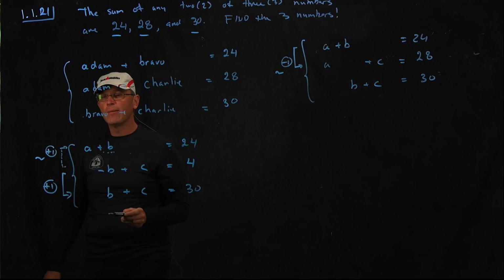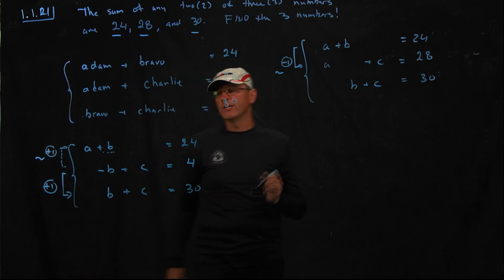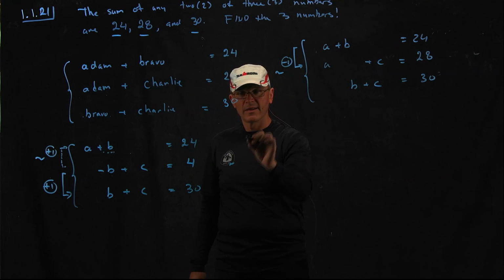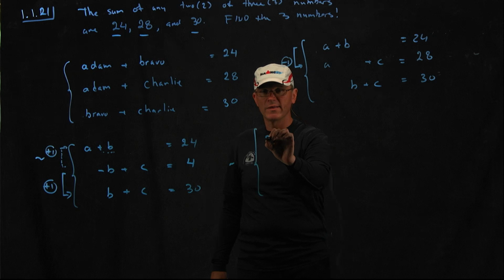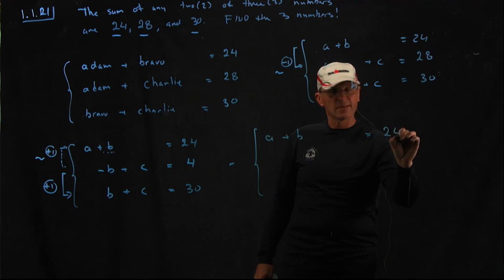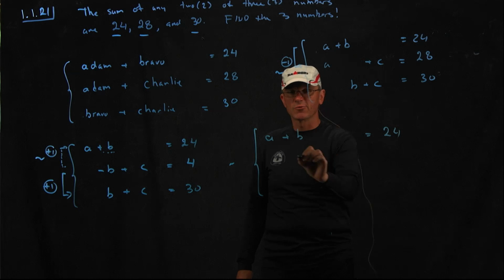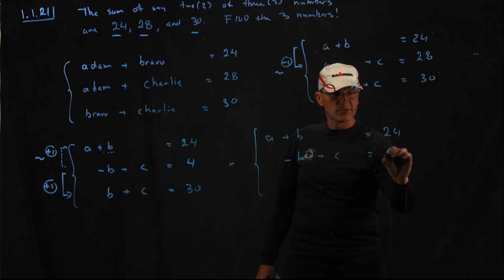So for now, I'm going to defer changing the first equation and talk about that when we're done. It's sometimes useful to do it in this way. So minus b plus c equals 4.